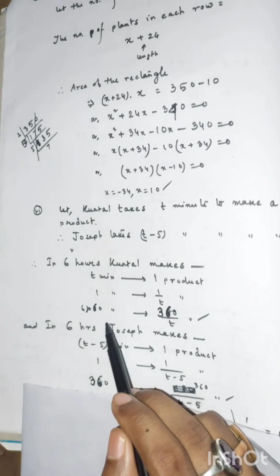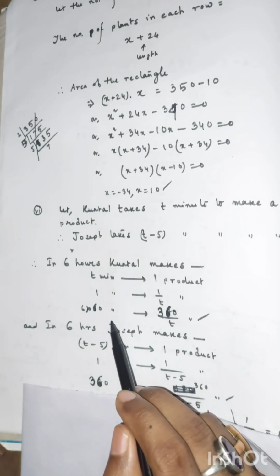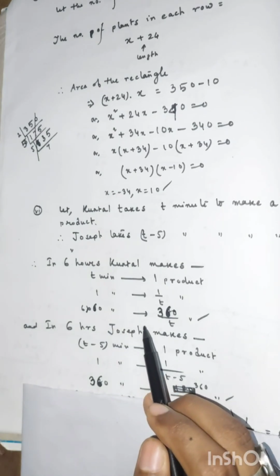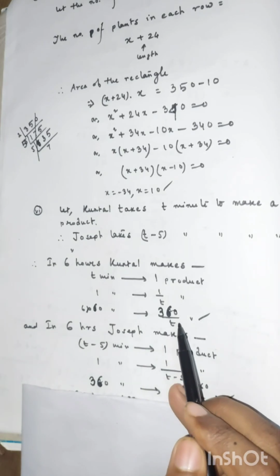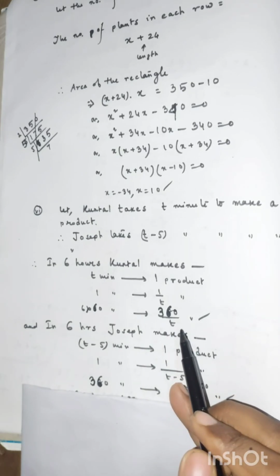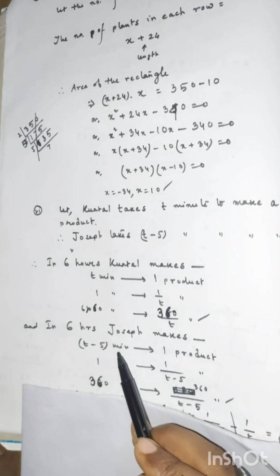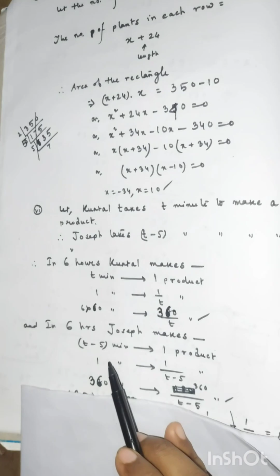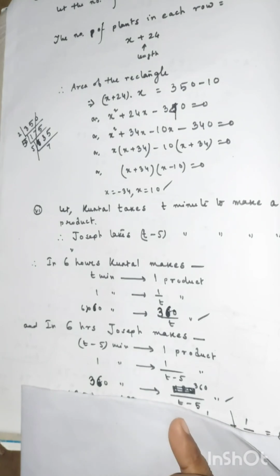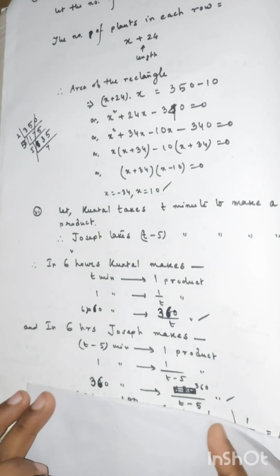So in 360 minute, Kuntal makes 360 by t number of products, and similarly in 6 hours Joseph can make, okay, Joseph takes t minus 5 minute to make one product, so he will take 1 minute to make 1 by t minus 5 products, and in 360 minute he will produce 360 by t minus 5 number of products.